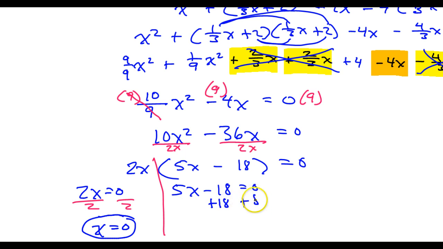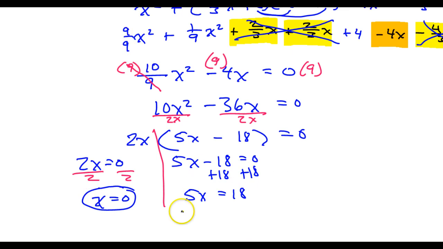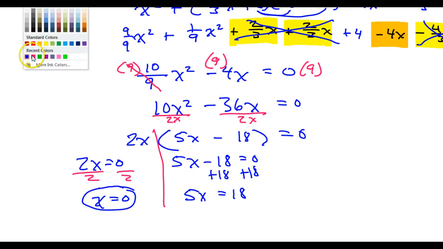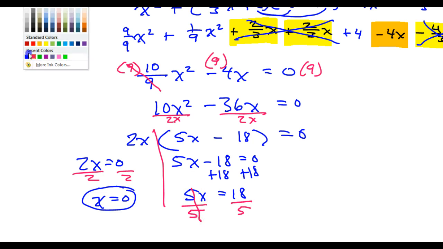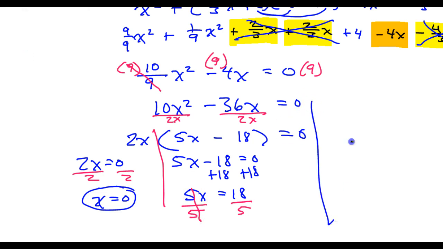Now, here I'm going to add 18 to both sides, so that's going to give me 5x equals 18. And dividing both sides by 5, it's going to give me x equals, well, 18 over 5.